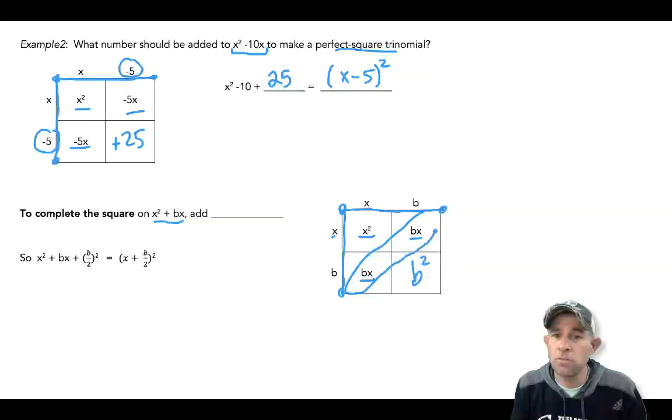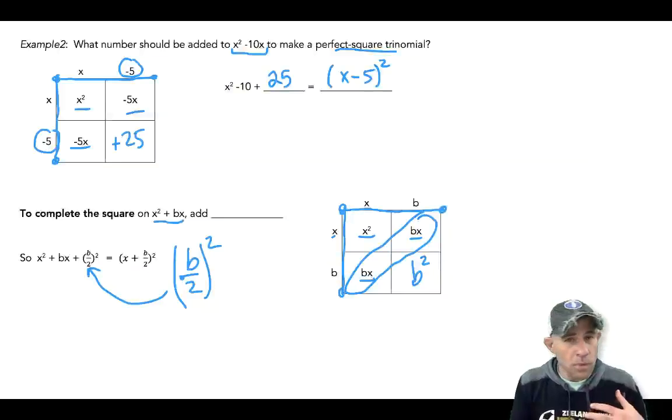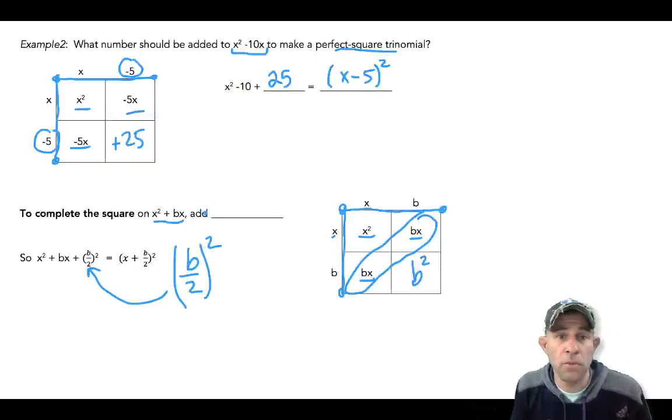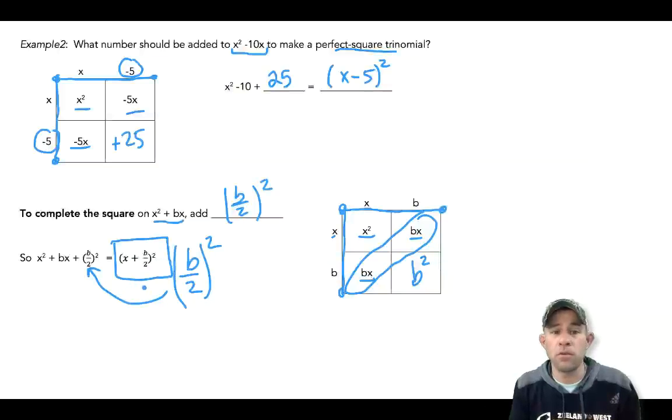Now, there are two bx's here, so what I'm essentially having to do is take half of the value of b and square that in order to get that last term. So in order to create this perfect square trinomial, I need to take half of b and square it, and it's the same as squaring this binomial, (x plus b over 2) squared.